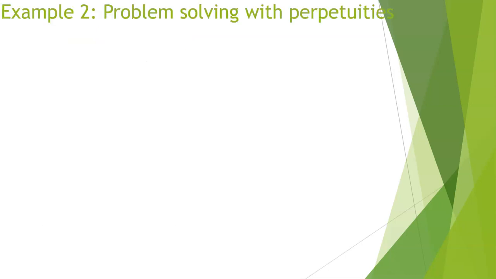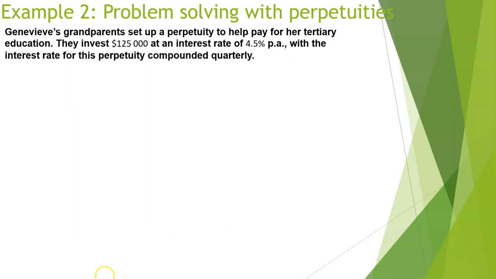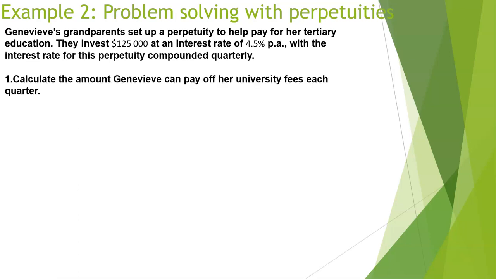Okay, let's do another example. Genevieve's grandparents set up a perpetuity to help her pay for her tertiary education. They invest $125,000 with an interest rate of 4.5% per annum, with this interest rate compounding quarterly.